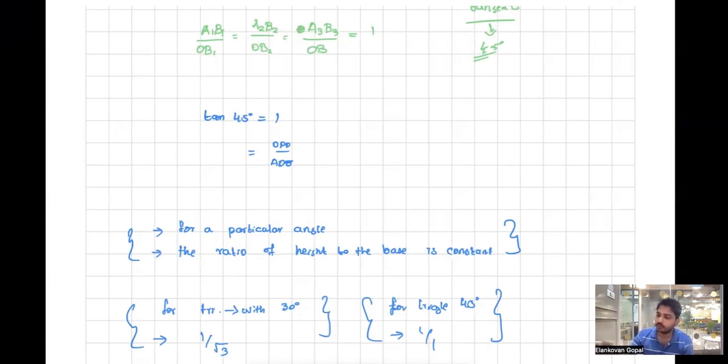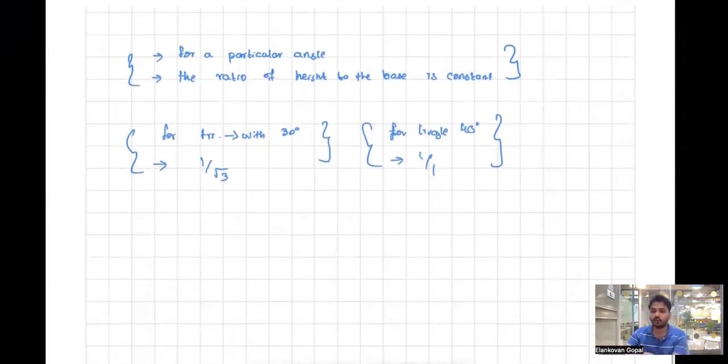Therefore we mention this using a trig ratio, also called a trigonometric identity. For tan 30 degrees or tan 45 degrees, there is one ratio. We'll discover what this is all about. This is the basic idea of what a tangent for a triangle is all about.